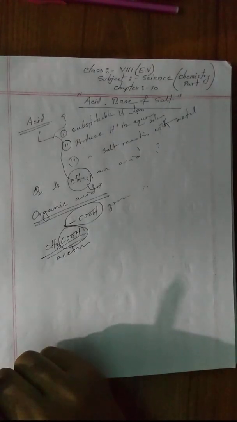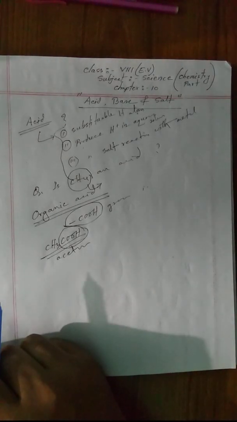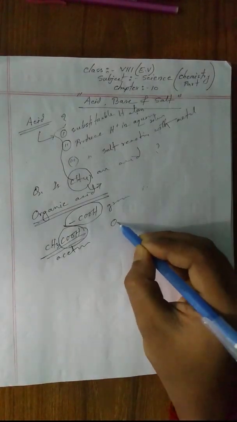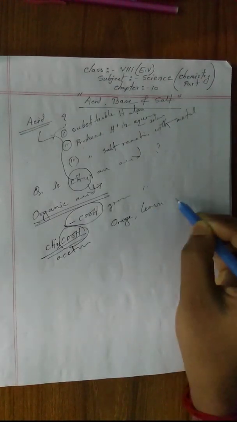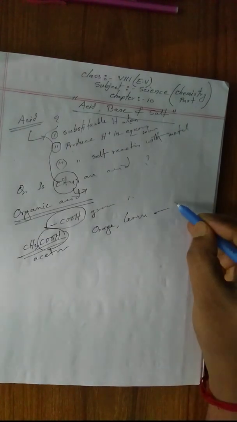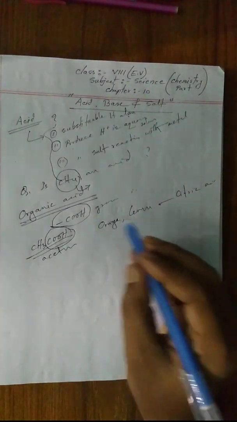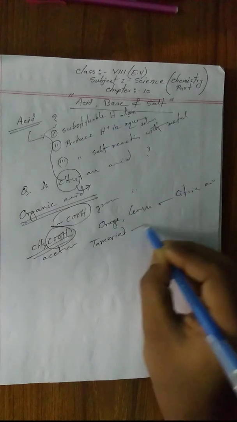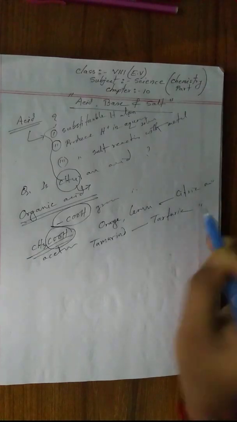Now there are several acids present in some fruits. In orange and lemon, citric acid is present. In tamarind, tartaric acid is present.